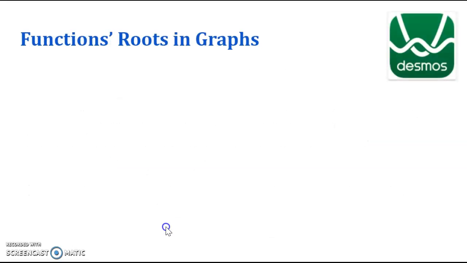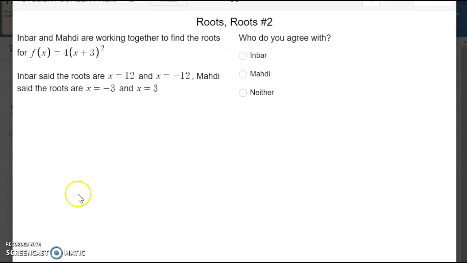So then let's relate the function's roots to graphs. That's card number 2 and 3, and that is a review of, it's actually the same card that you did last class. I should say similar. Okay, card number 2.